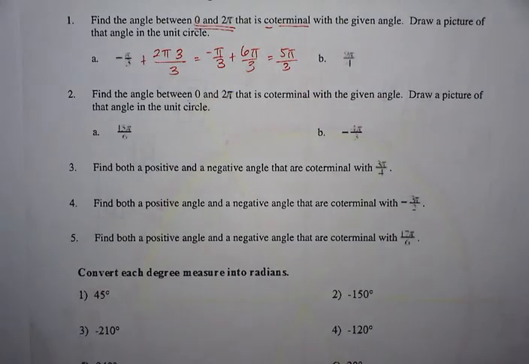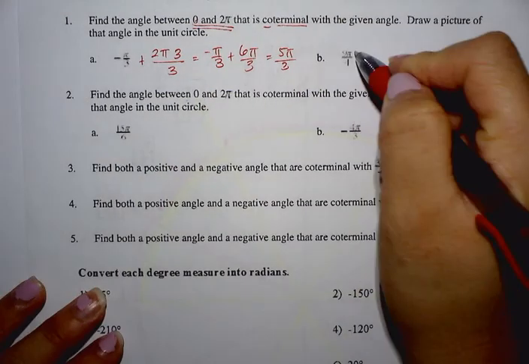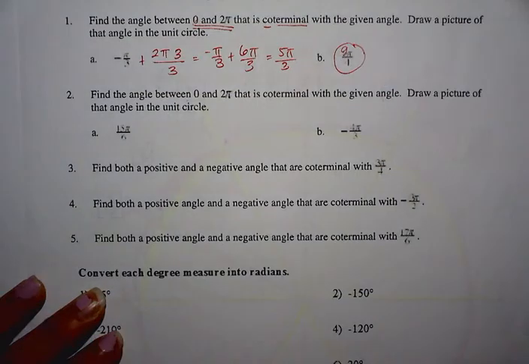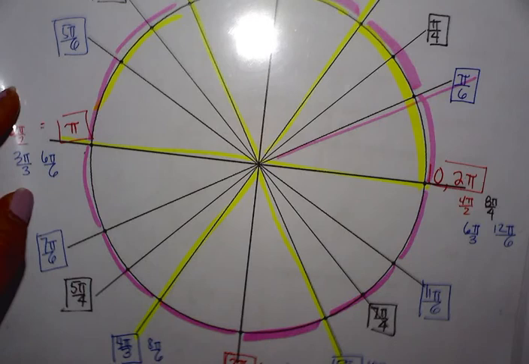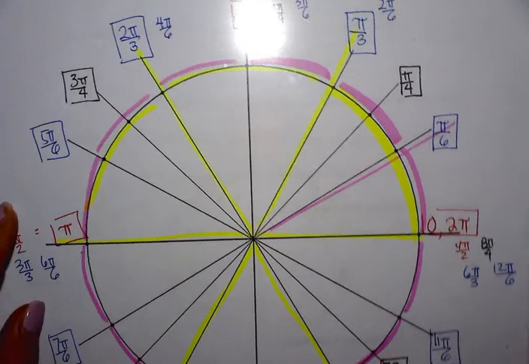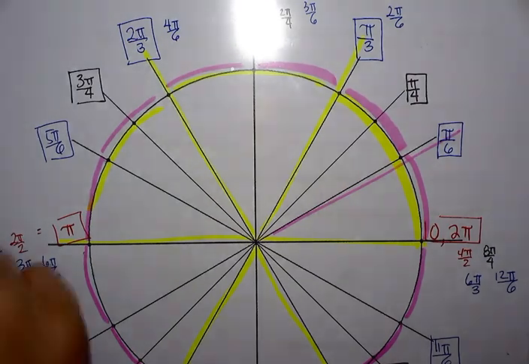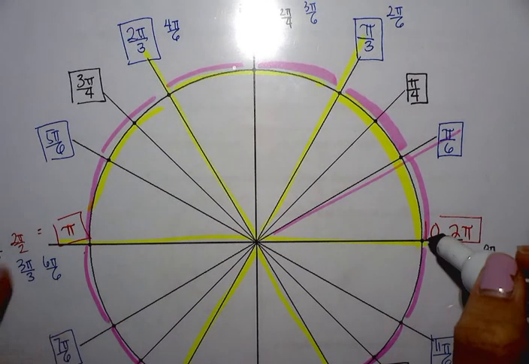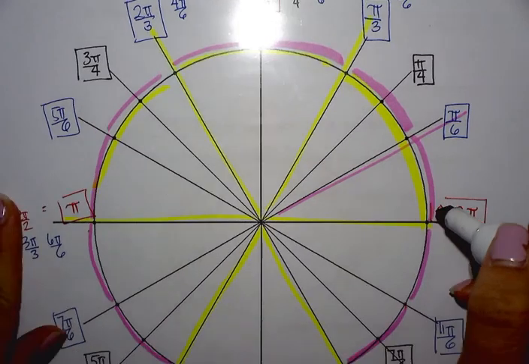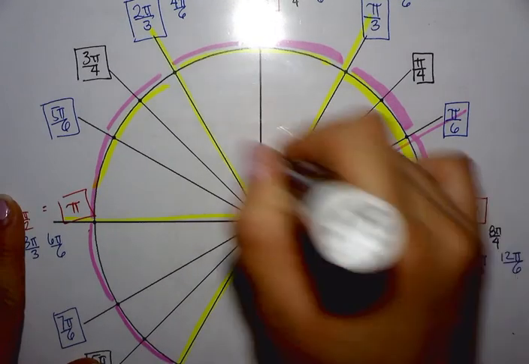Okay? So what is this? 9 pi over 4? So let's start at 9 pi over 4. Where is 9 pi over 4? Is that within my first period? Well, what's 8 pi over 4? 8 pi over 4 is a full circle, right? This whole thing is 8 pi over 4.